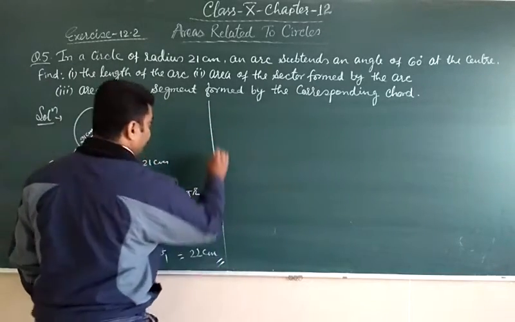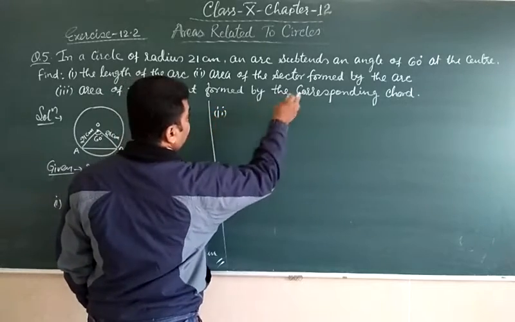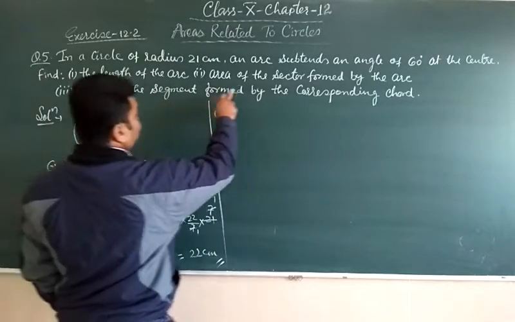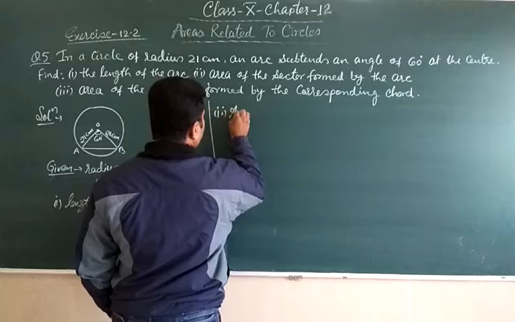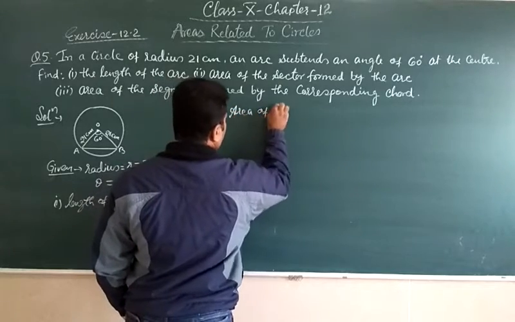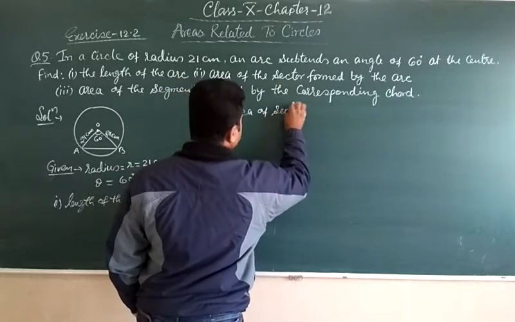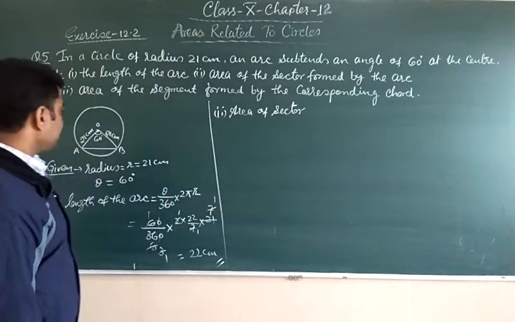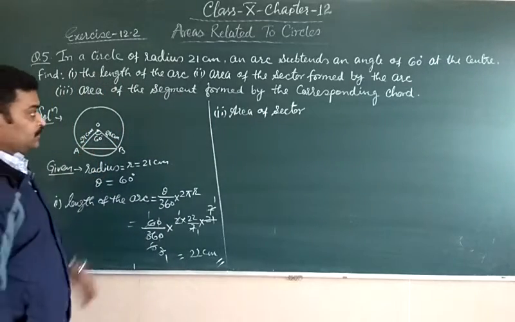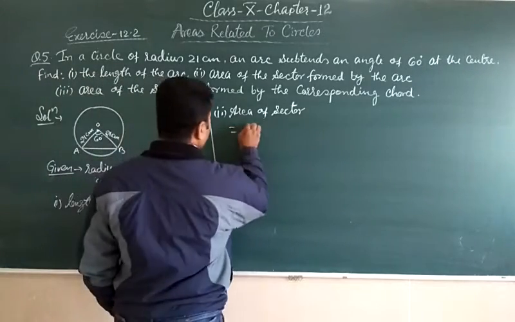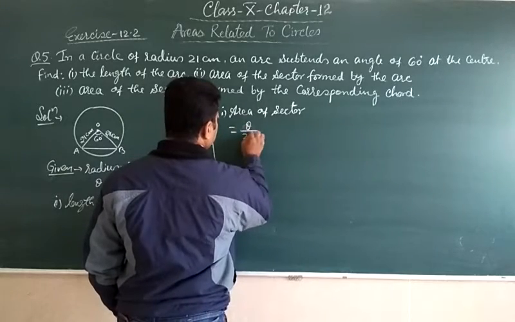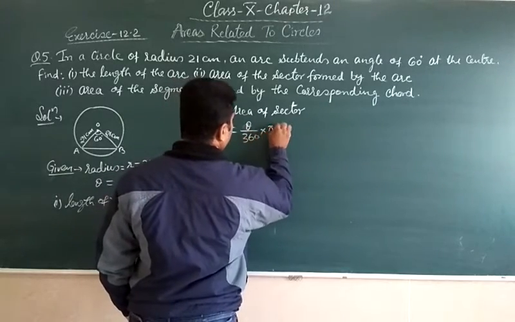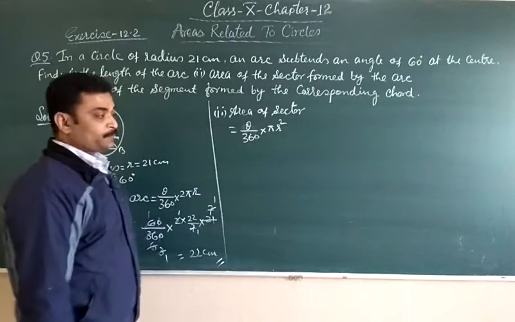Secondly, we will find the area of the sector. Sector, that means minor sector. Area of sector is equal to theta upon 360 into pi r square. Right?